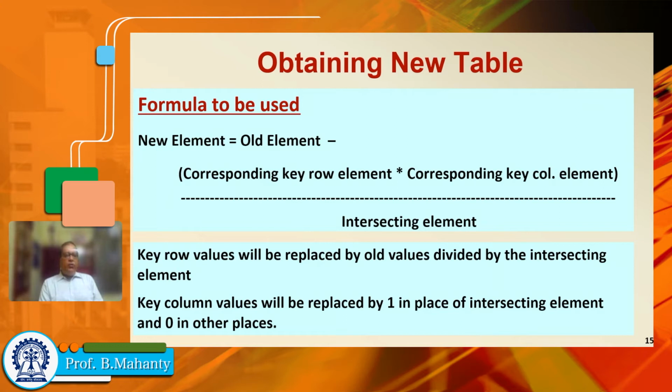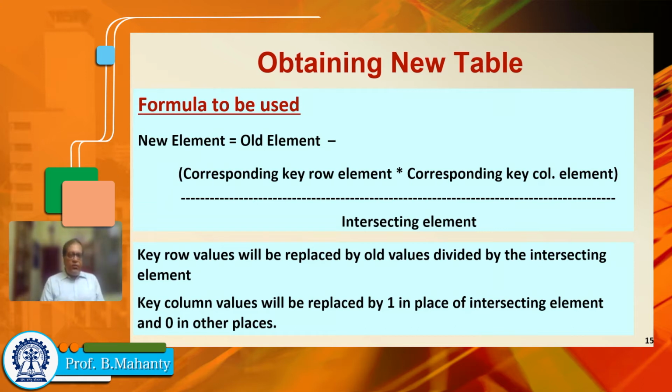And the formula to be used is: new element equals old element minus corresponding key row element into corresponding key column element divided by the intersecting element. So once again, new element equals old element minus corresponding key row element into corresponding key column element divided by the intersecting element.